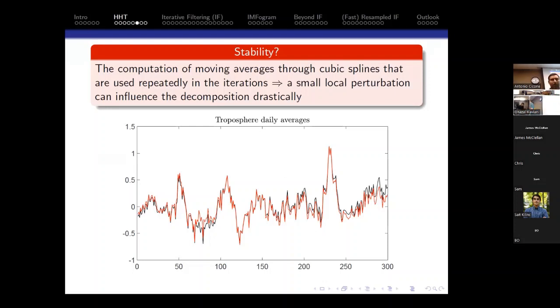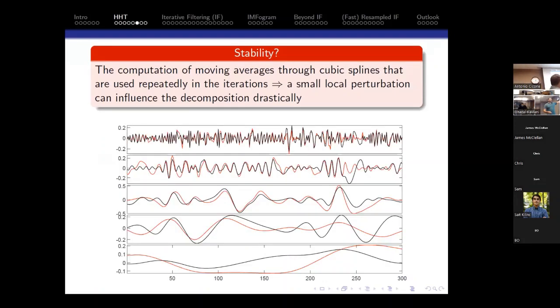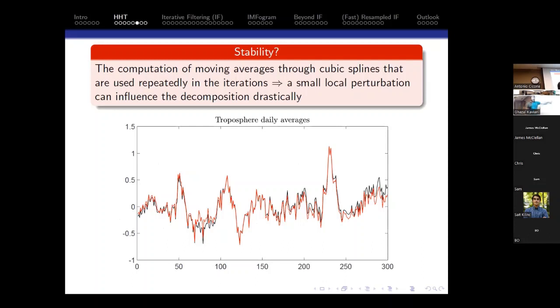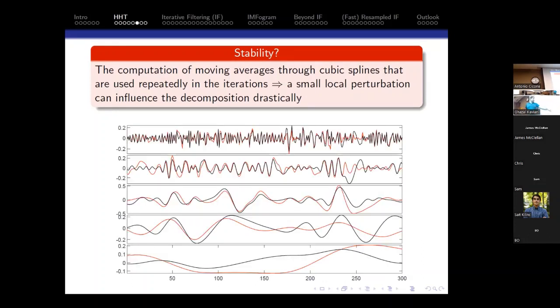If I run empirical mode decomposition to decompose them, those are the decompositions I get, okay? And if we focus our attention on the trend, you see immediately that the red curve is not going as expected. It goes below the black in the middle, whereas we expect it to be above in the first half and below in the second half. So this behavior is completely off.